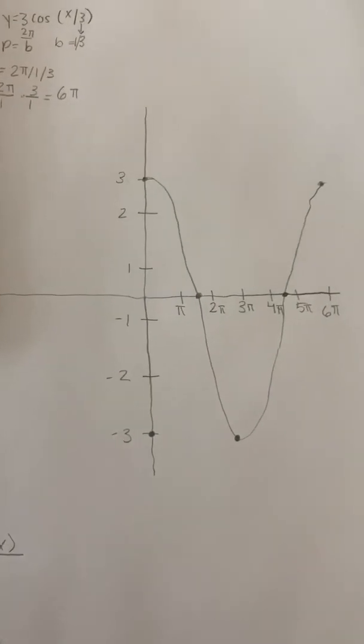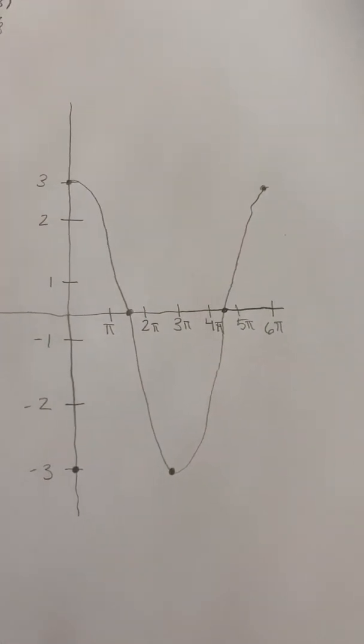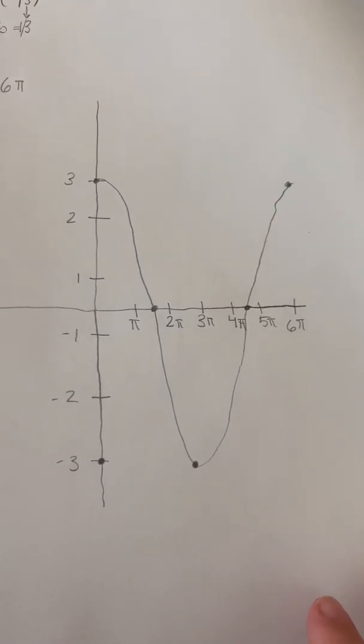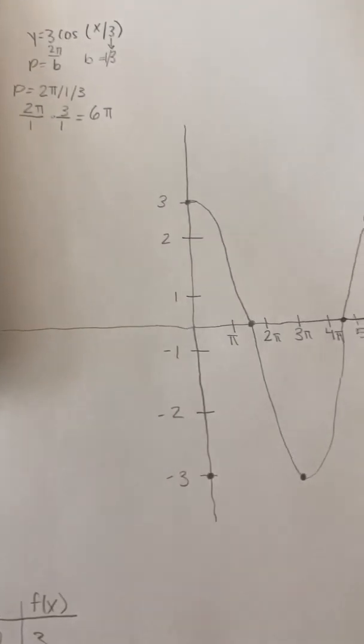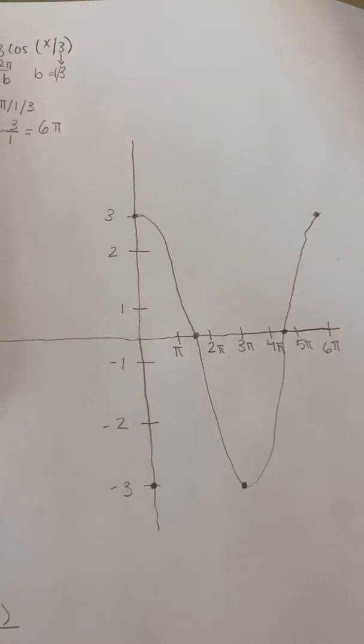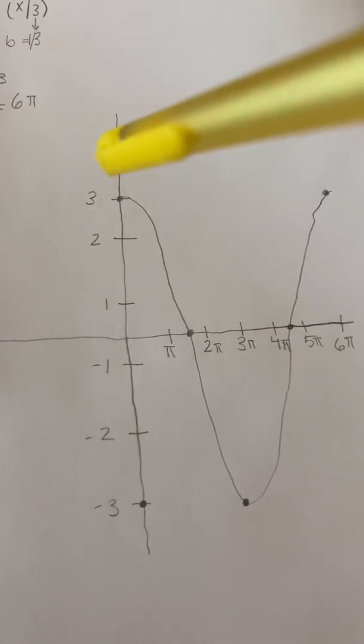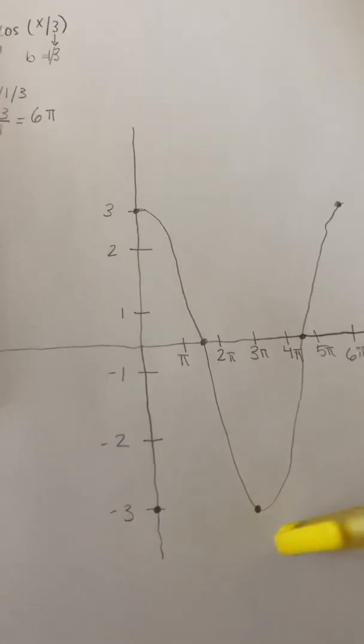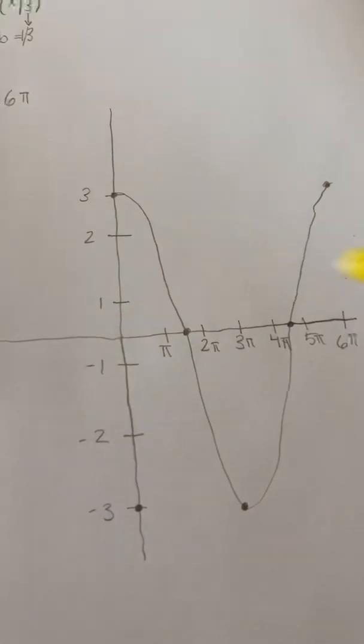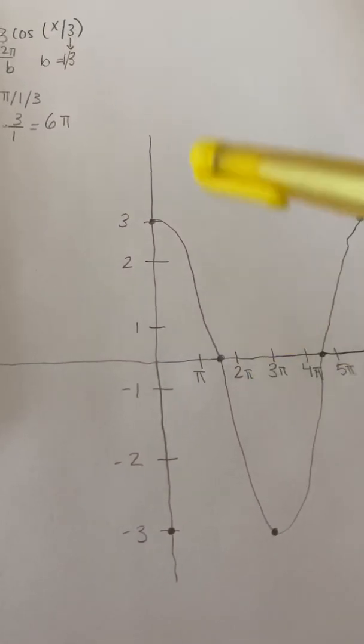So you can see here what I solved. Once again, our maximum is 3, our minimum is -3. Our midline is 0, our amplitude is 3.